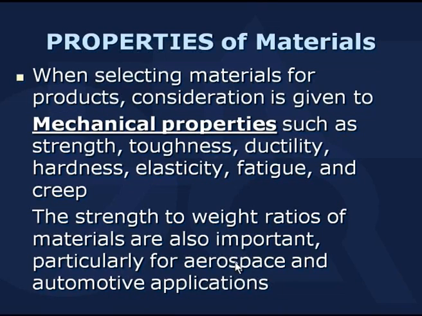So, these are some of the properties of materials which have to be taken into account when you are selecting a particular material. The strength to weight ratios of materials are also important, particularly for aerospace and automotive applications. So, an example has been provided: the strength to weight ratio. Strength to weight ratio is particularly important in the case of composite materials.